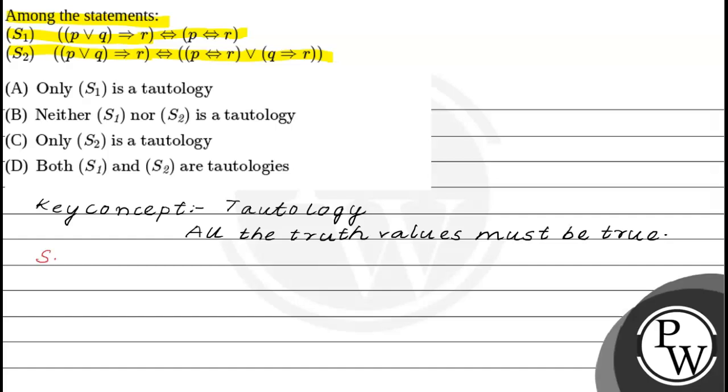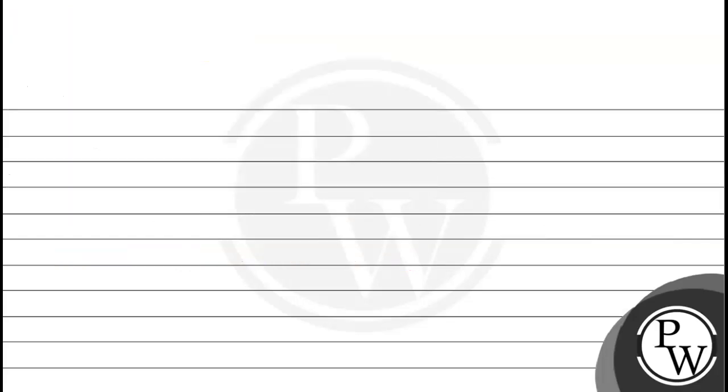We have statement 1 that says P or Q implies R if and only if P if and only if R. For this question, let's make a truth table. So we are going to make a truth table for values P, Q, R. We will take the values randomly.